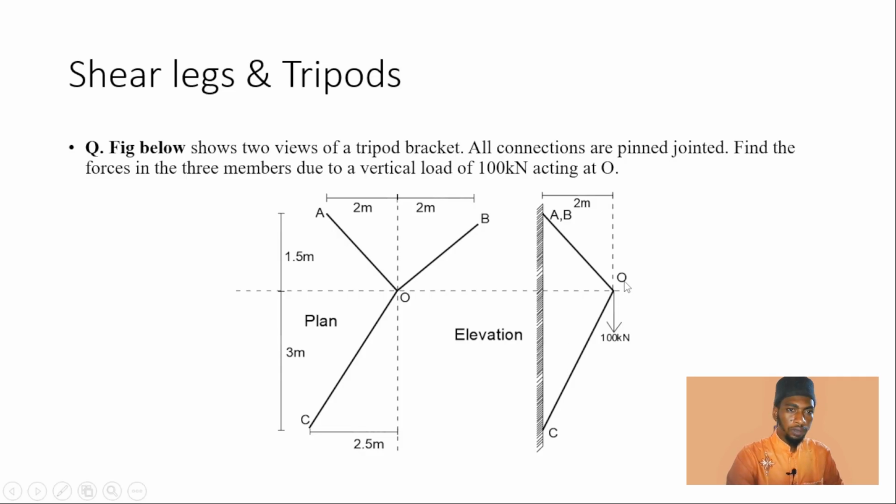So if you look at this, from O to A is 2 meters, from O to B is also 2 meters, because A and B are at the same point. Then from O to C is also 2 meters, so they are all 2 meters.